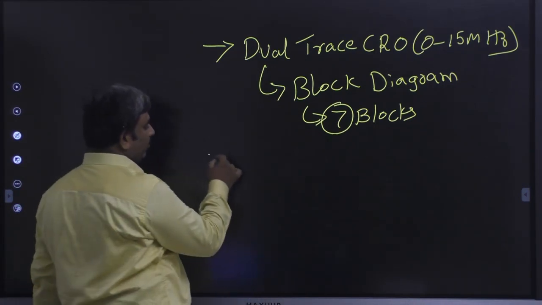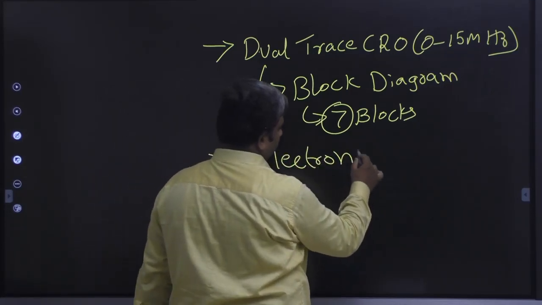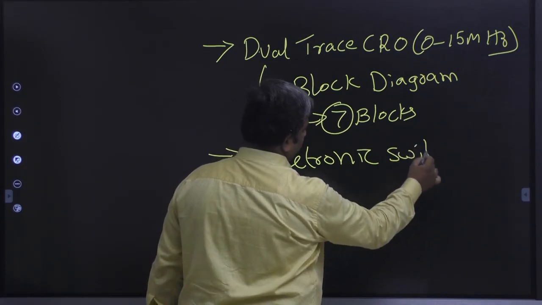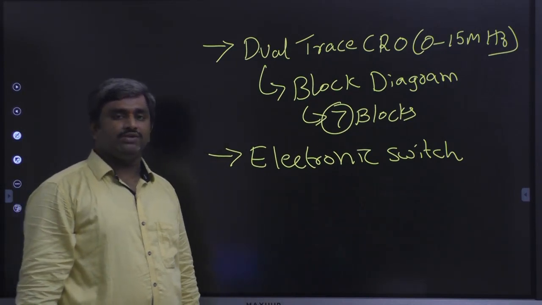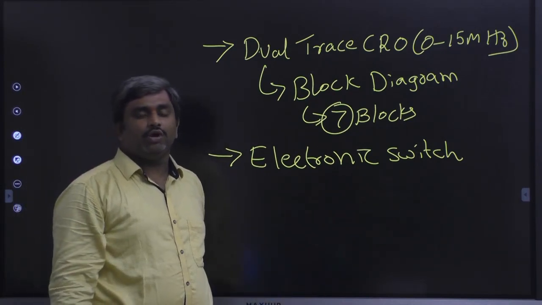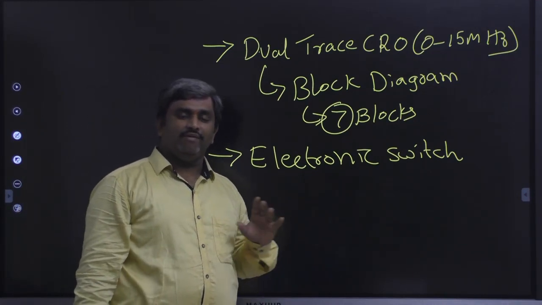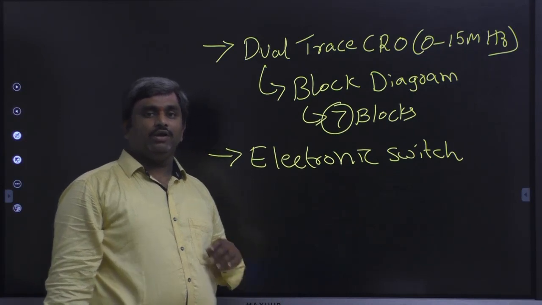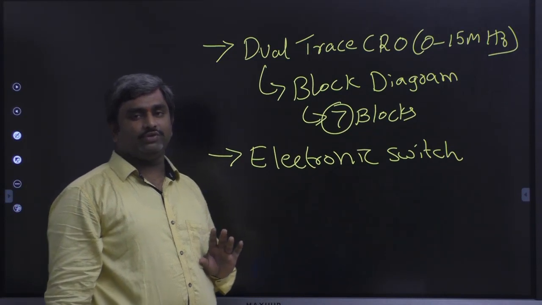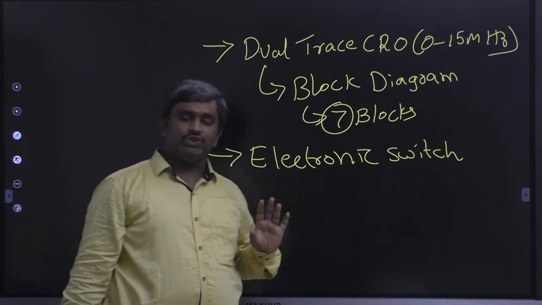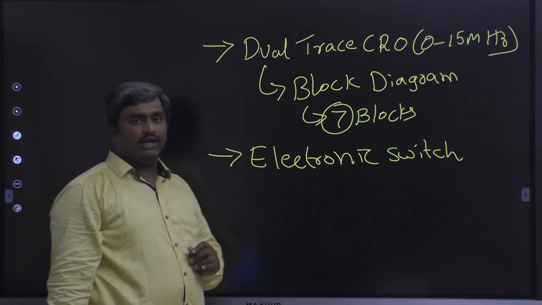After the dual trace CRO, we have seen the concept of the electronic switch. The electronic switch alternately displays the two pieces of information available from channel A or channel B. We have two gain controls for the two channels, and we have a square wave generator to produce any one channel's information at the output side. So this is the electronic switch.